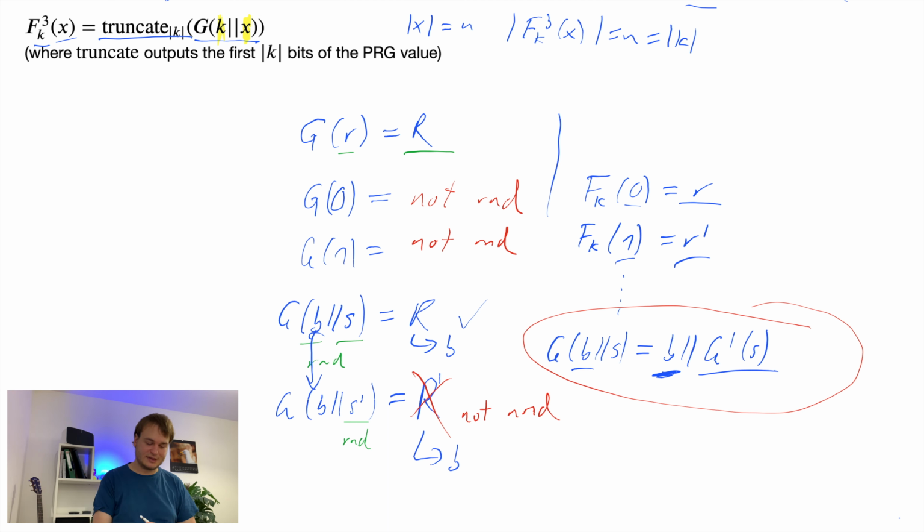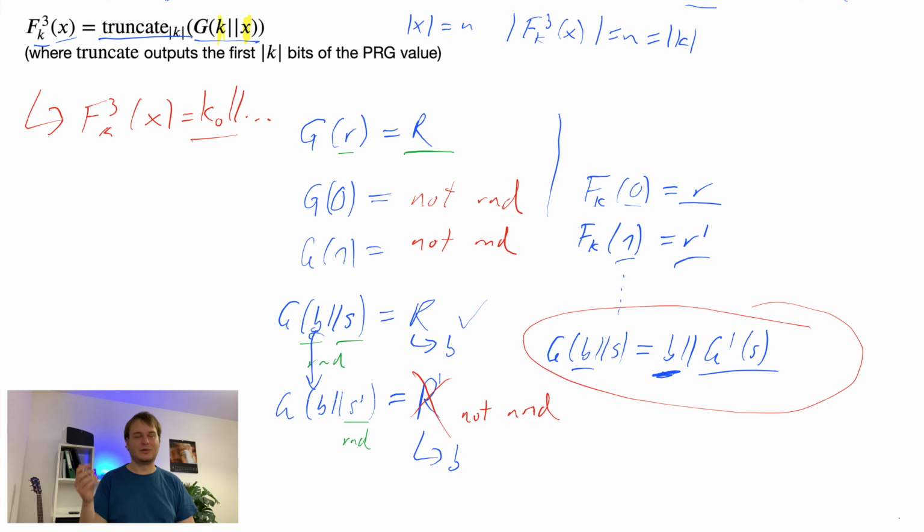And if we do this here, then this will mean that all of the function values of F3 will all start with the same first bit, which is the first bit of the key K. And then this won't look random, so it's easily distinguishable from a properly random function, because in a properly random function, the first bit will change with probability 1/2 each time. And here it's always the same.